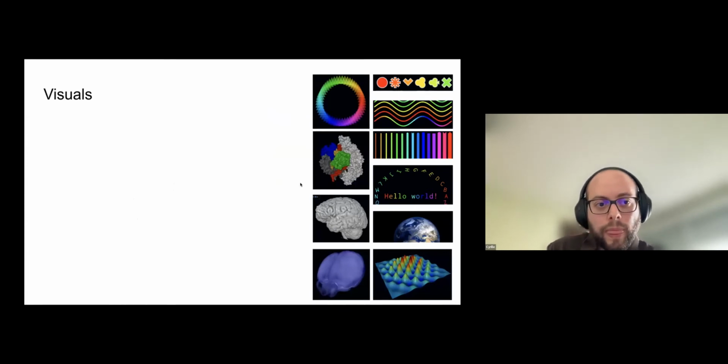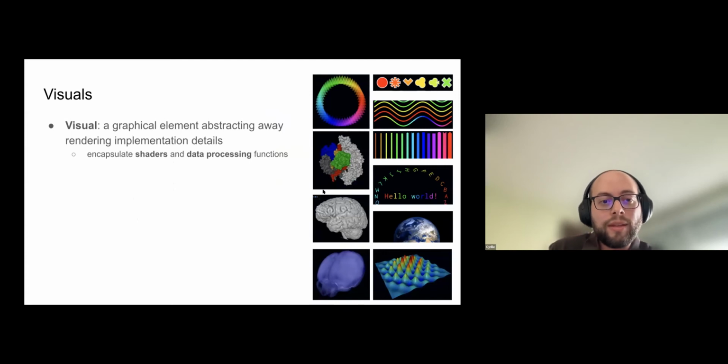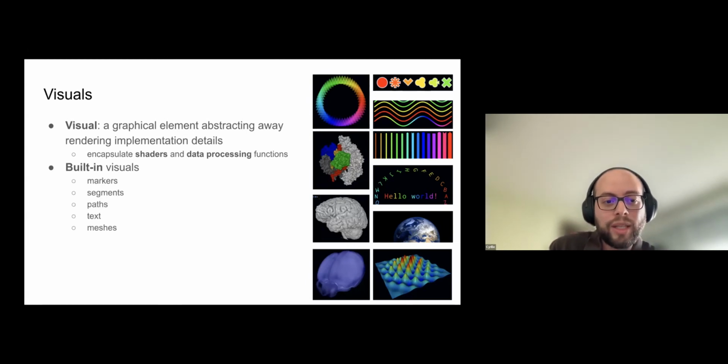An important note: visuals are really one of the main abstractions and the main notion in VisPy and in Datoviz. The idea is really to abstract away implementation details for a given graphical element. And it turns out that you don't need that many different types of visuals. You have markers that you see on the top right. You have segments, lines, paths, text, meshes and volumes for 3D images.